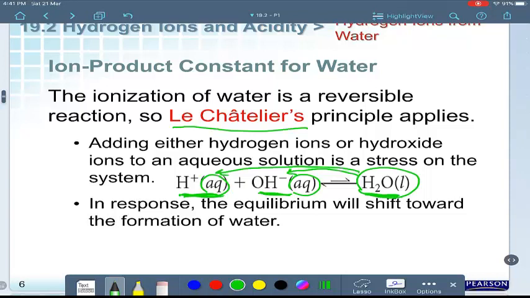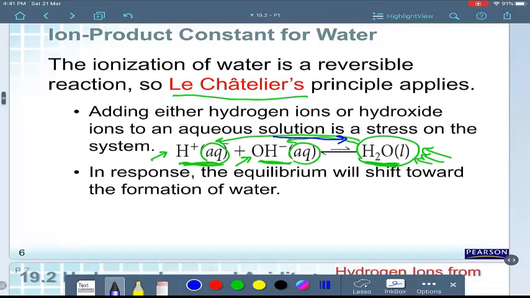If you increase the amount of water, the reaction shifts to the left, and if you increase either hydrogen ion or hydroxide ion, the reaction will move in that direction, because I'm talking about concentration now. So the equilibrium will shift toward the formation of one of them according to what you add in the reaction.